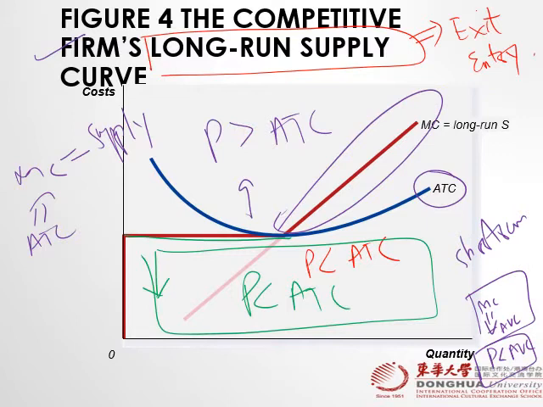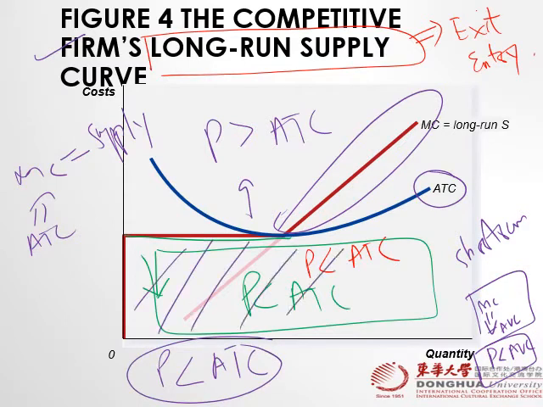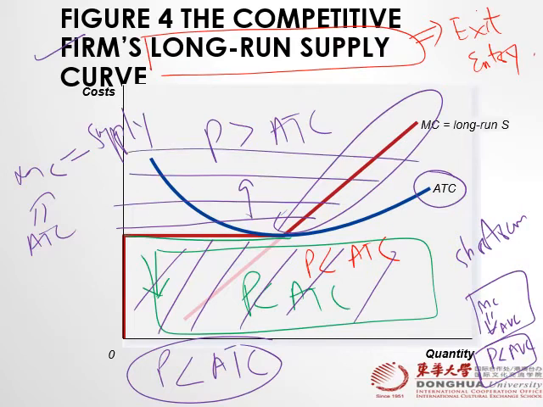But still, if for a longer period of time price is less than average total cost, you decide to exit. So that area is basically exit. So only those firms survive, or those firms will enter the market if they see that price is greater than average total cost, right? Okay, let's move further.